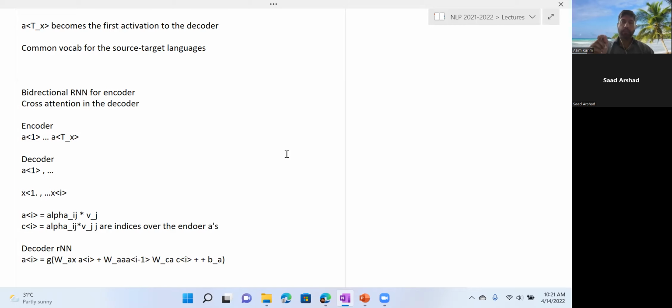Okay. So the standard RNN without the cross attention did not have this term. Now we have added this term where the C is obtained from cross attention, which of course is computed at this step with respect to all the steps of the encoder.